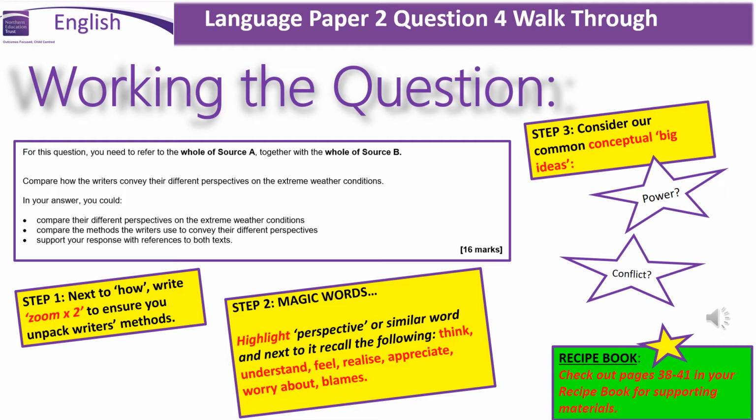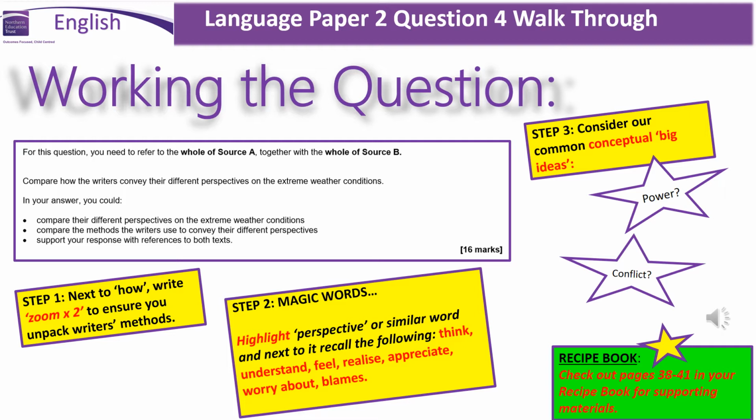This question is asking you to identify, explain and compare what writers think or feel. And I'm going to introduce you to a set of magic words. So, around perspectives or similar word, I would encourage you to recall the following: think, understand, feel, realise, appreciate, worry about, blames and believes.